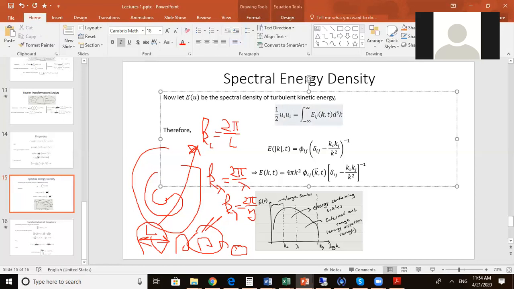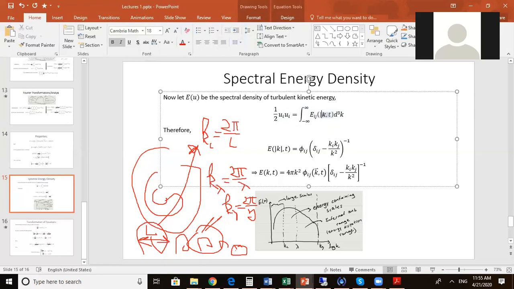Now, you know that kinetic energy is a squared term, so it should be symmetric with respect to K. The wave number K plus and K minus should be exactly the same, right? That's why in reality we took only positive K numbers here.